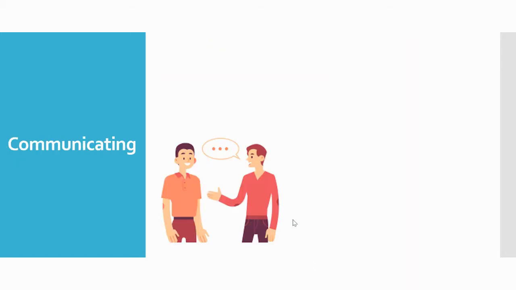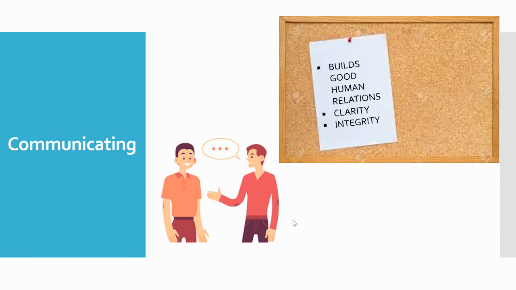Okay, so the next function is communicating. This is a very important function in all office organizations, which builds and develops good human relations. The communication should give us clear information.